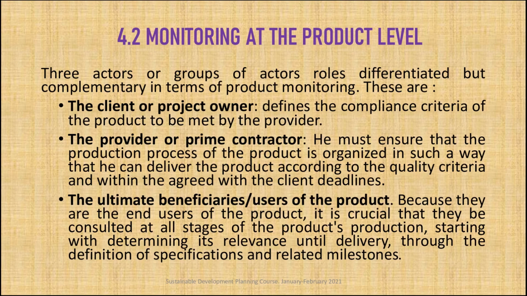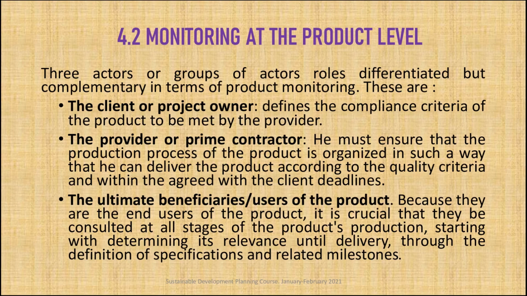The second actor is the provider or prime contractor. He or she must ensure that the production process of the product is organized in such a way that he or she can deliver the product according to the quality criteria and within the deadlines agreed with the client.